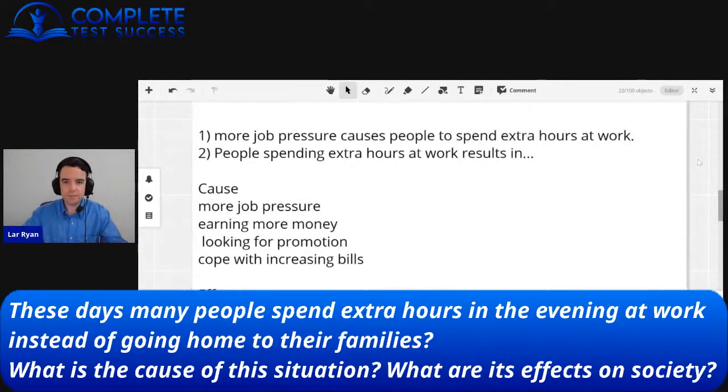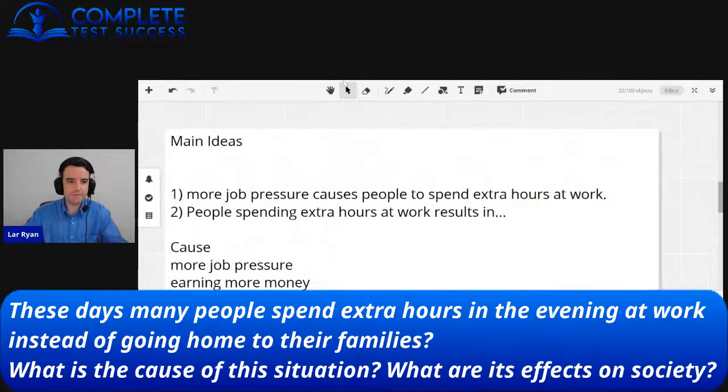More job pressure causes people to spend extra hours at work. Does that actually make sense? So just a yes or no. What do you think?